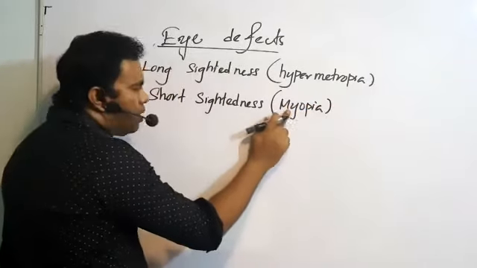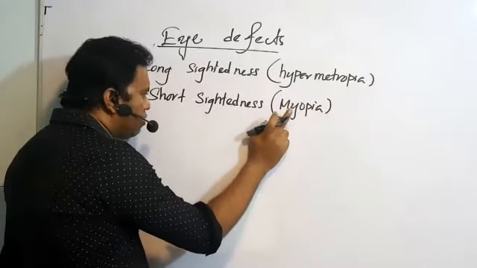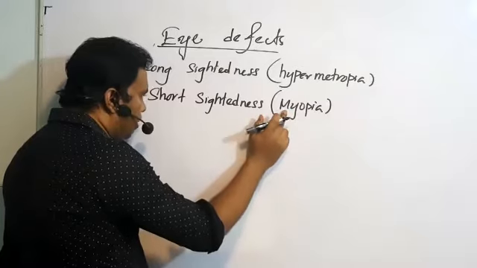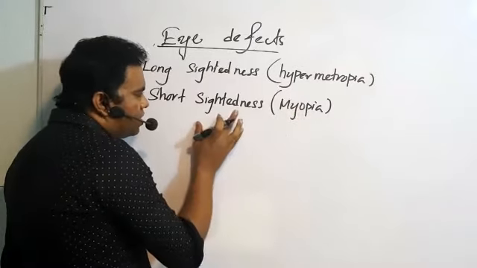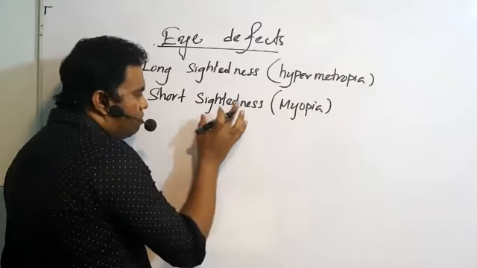Myo means muscles, a Latin term. So we can guess this defect is due to a weakness of a certain muscle. Okay, let's discuss them later.